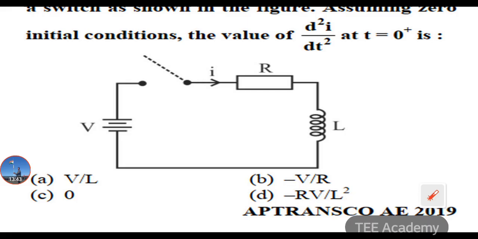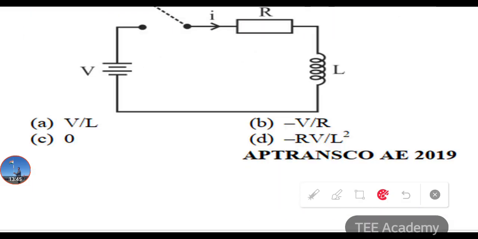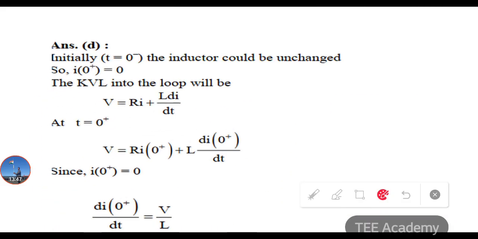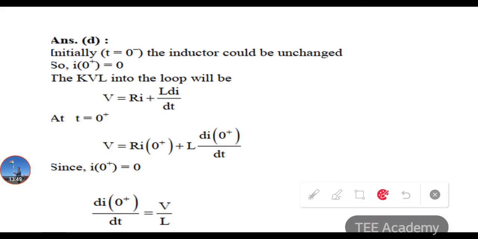So let's see the derivation part for this question here. Initially, assuming that t is equal to 0 plus, the inductor will be uncharged. I of 0 plus is equal to 0. Uncharged means the inductor is open circuited.